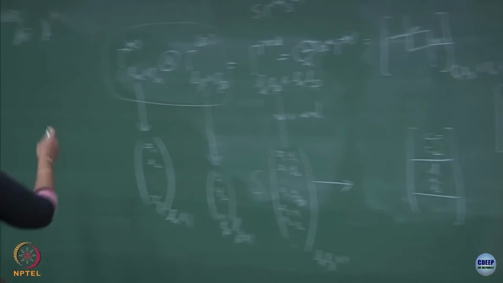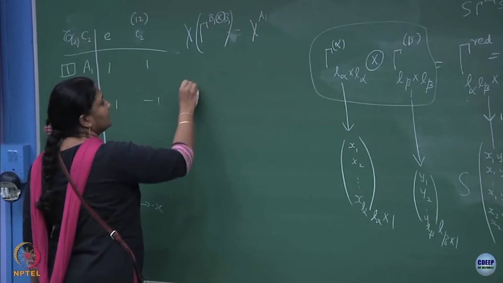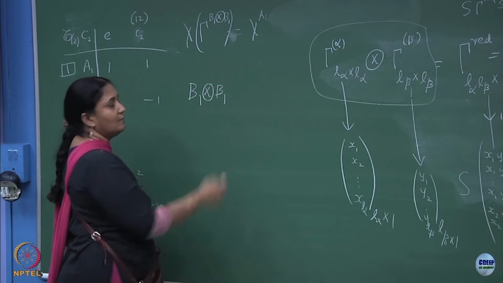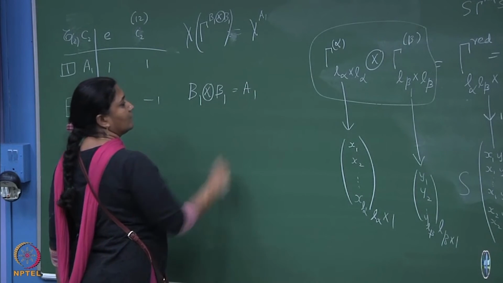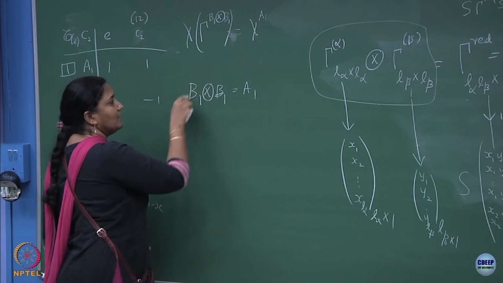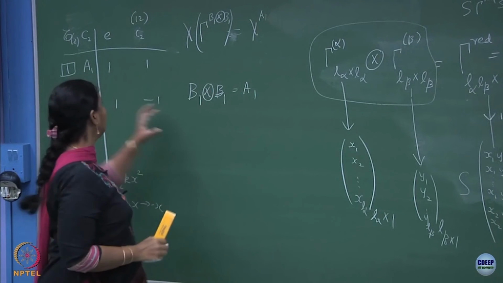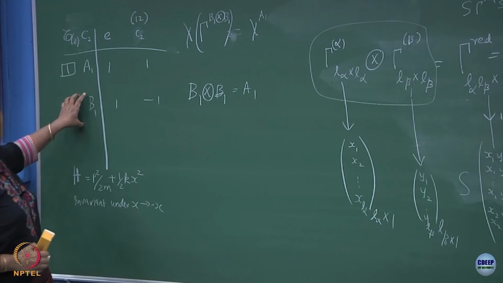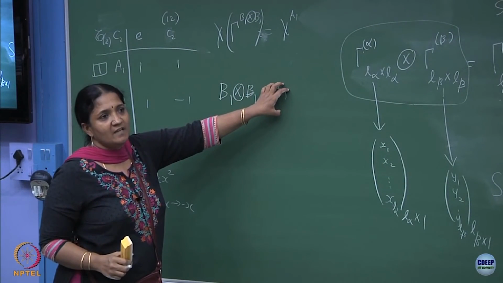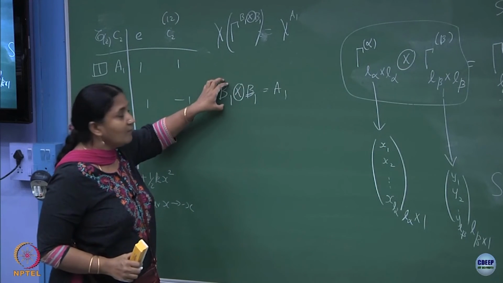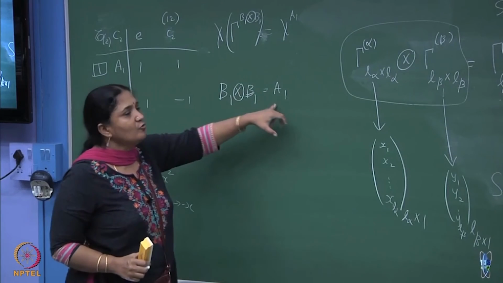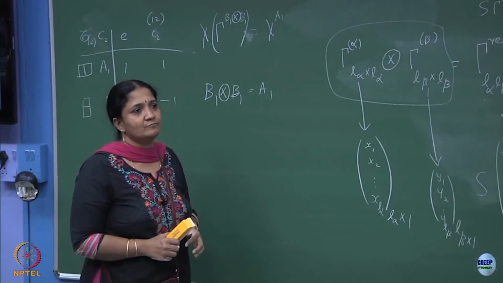So, what I have shown here is the shorthand notation which typically people write: B1 cross B1 will give you A1. I am not writing gamma subscript B1, many times they write only the Mulliken symbols. So, if you take product of these two, you will get an A1 basis. So, the basis of B1, if you just put it together, it belongs to A1 and not to B1.